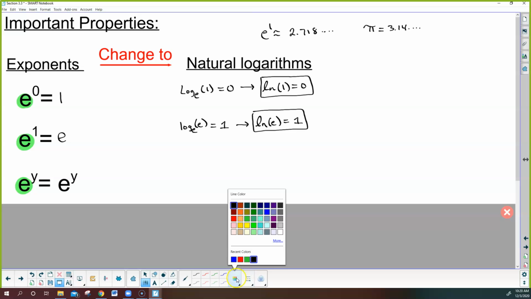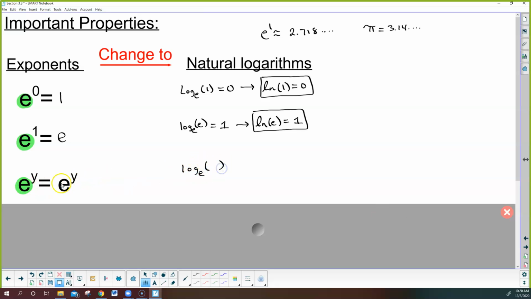Okay, so what if I have e to the y equals e to the y? This is just a true expression, right? That's what we have to agree on. So what if I change it? Well, my base here is e, and the answer, which is e to the y, has to equal the exponent y, right?